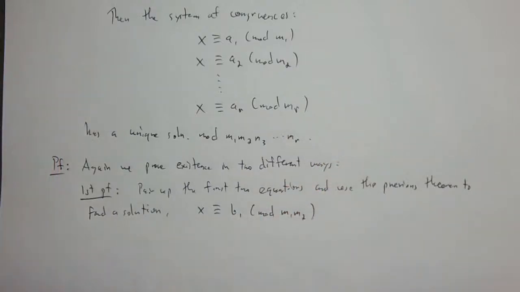Of course, we can do this because m sub 1 and m sub 2 have GCD 1, right? They're relatively prime because they're pairwise relatively prime. So each of these m sub i's is relatively prime to any other one in the list. Okay. So let's say we found a solution in that way.